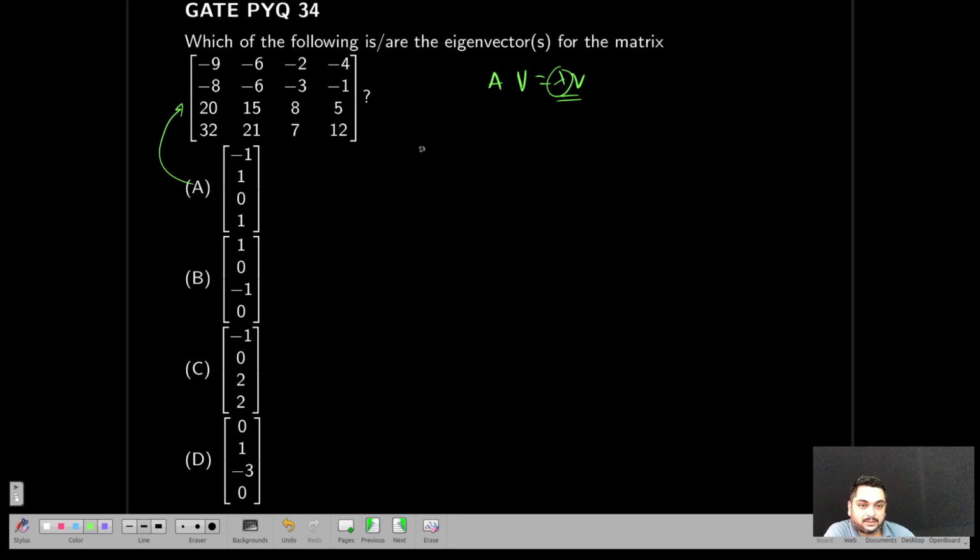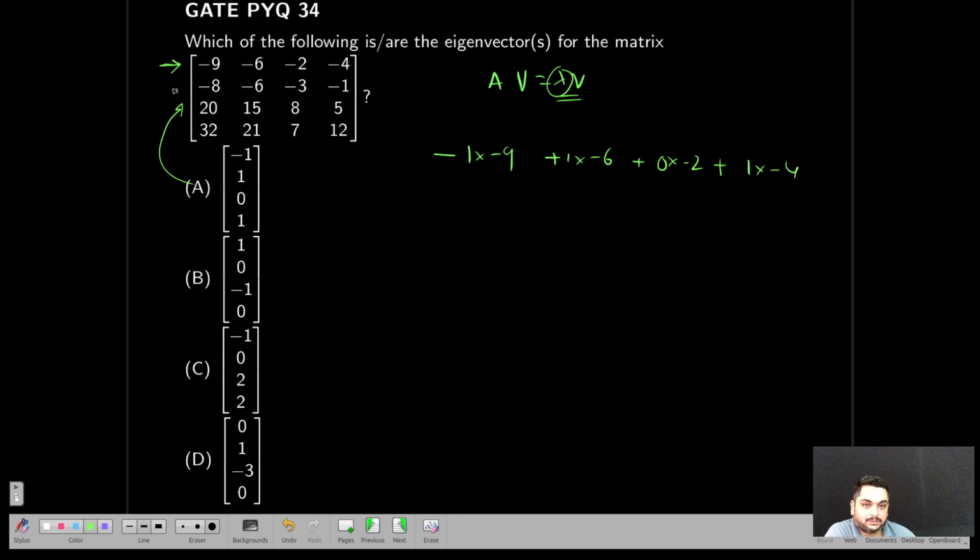How will I check this? See, take this first row and multiply this with the vector: minus 9 minus 1 into minus 9, then plus 1 into minus 6, then plus 0 into minus 2, plus 1 into minus 4.